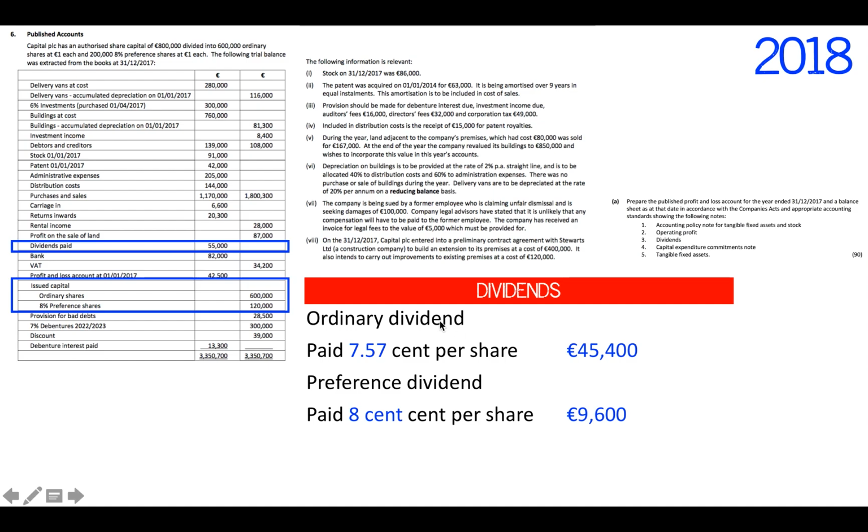How do I find that out? Well, if the total dividends paid were €55,000, as you can see here, €55,000 minus 9,600 is 45,400. And then I divide that by my number of ordinary shares, which is €600,000, and that works out at 7.57 cent per share. So that's the dividends done.